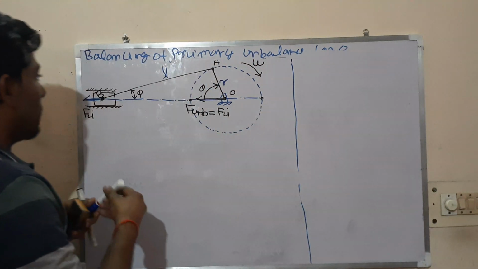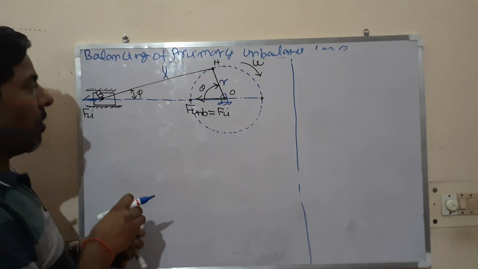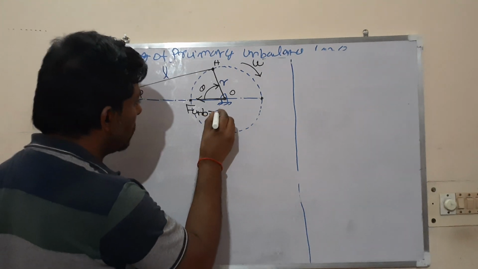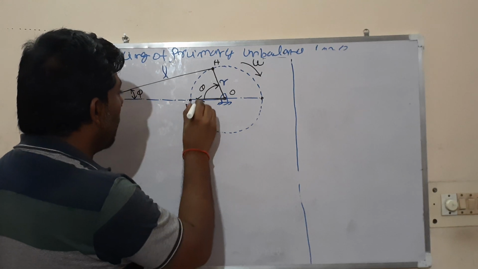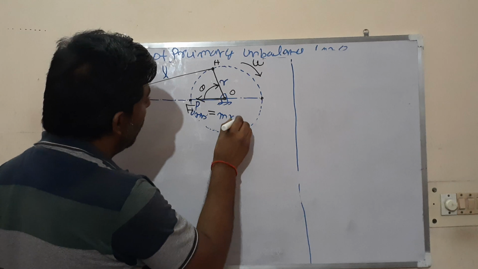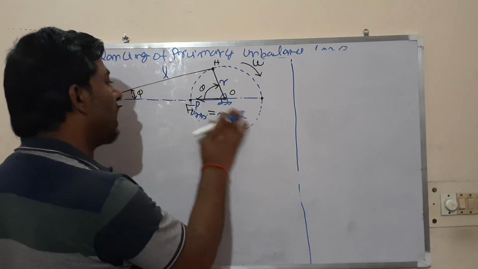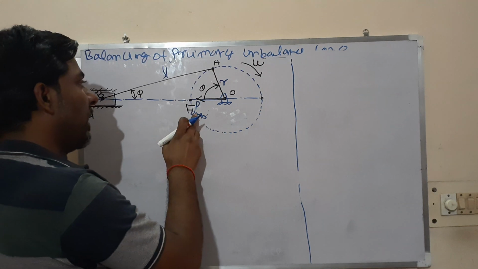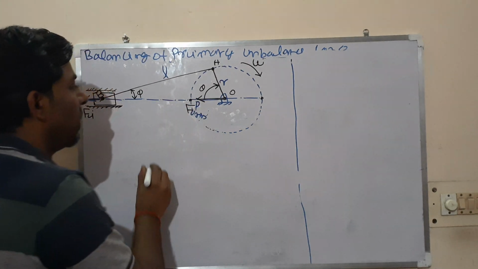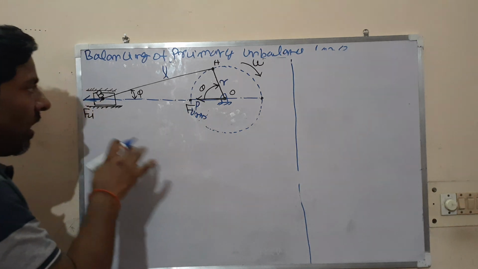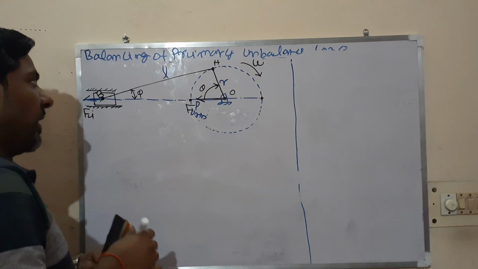To balance this primary unbalanced force, which is the inertia force, its value is equal to m r omega square cos theta. How? First let us see what we can imagine.